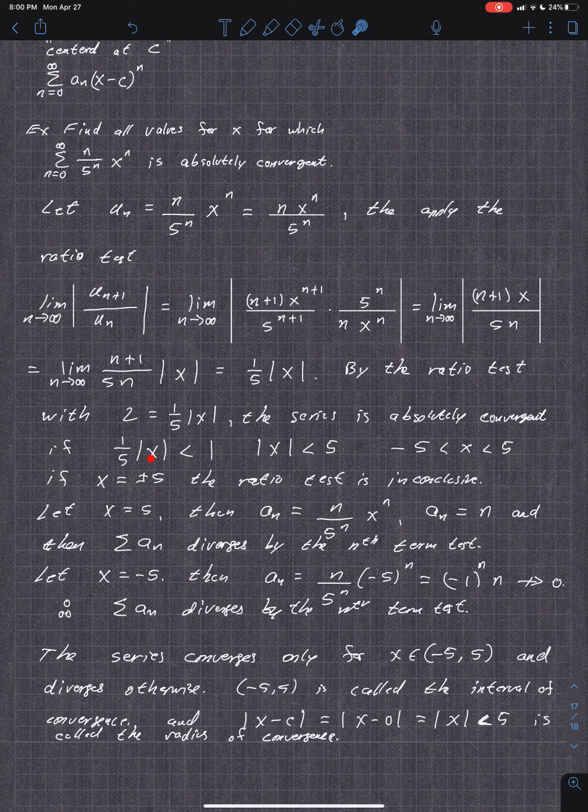So what values of x would make this less than 1? And that's how you determine your interval. In most cases, that's how you do it. And then you have to figure out the endpoints separately to test if it converges at the endpoints or not. This one did not, but others may converge on one and not the other. Sometimes it's alternating and it does work. So the left-hand side alternating will work, right-hand side maybe not. You have to test.